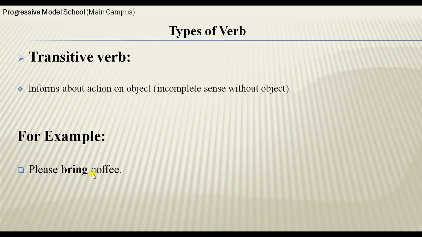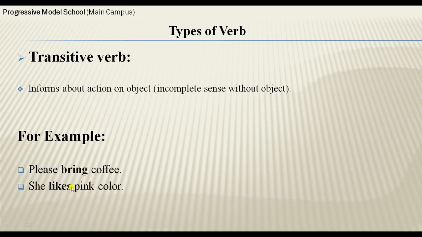If we don't write the object that is coffee in this sentence, then our sentence will be please bring. Please bring what? So coffee. So to make sense in a sentence, we need an object in the sentence. So bring is a transitive verb which requires an object to complete its sense.